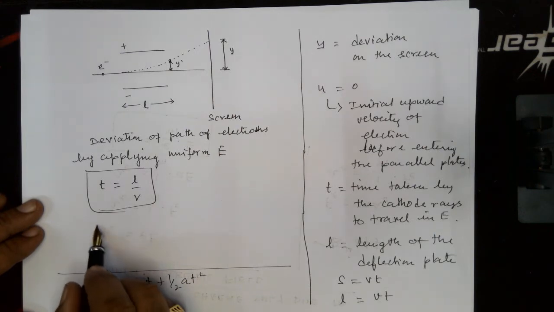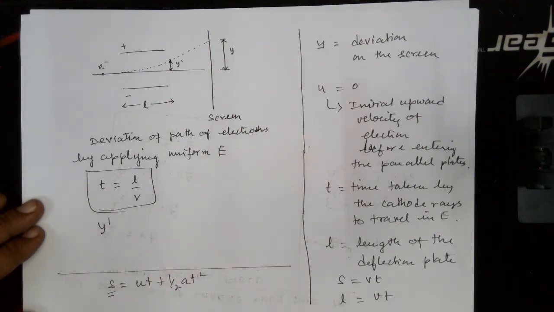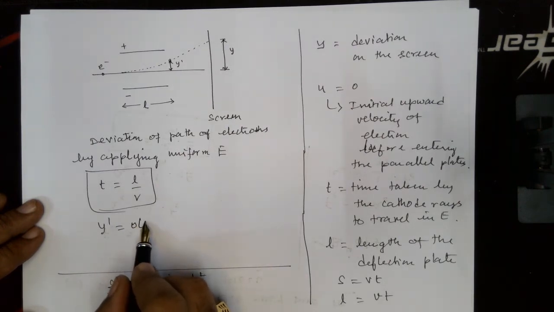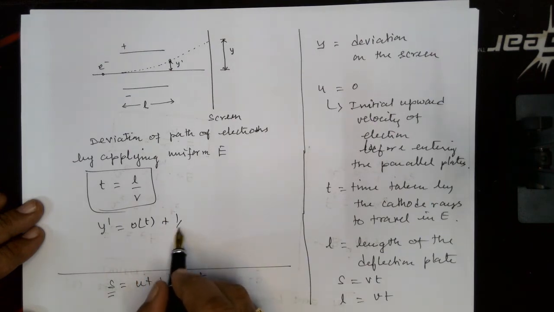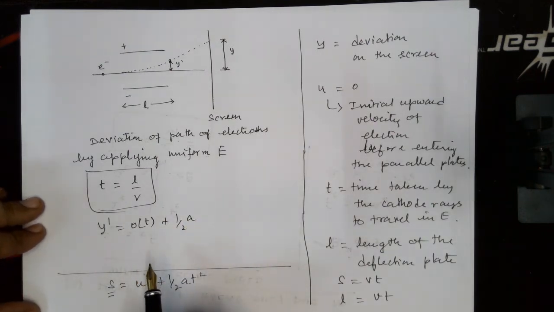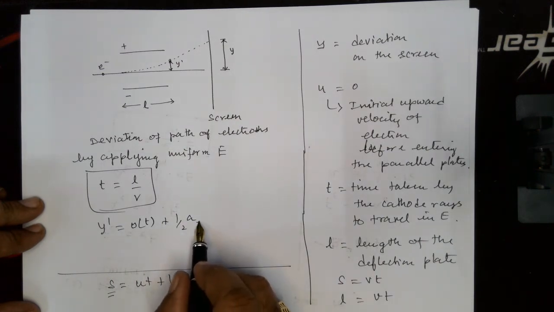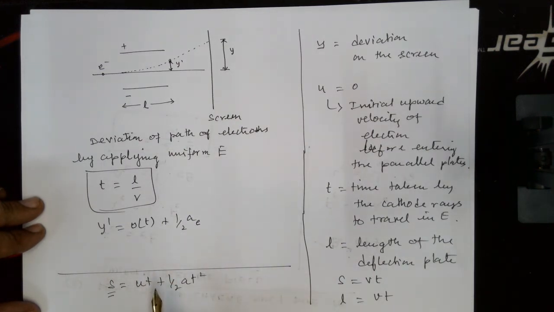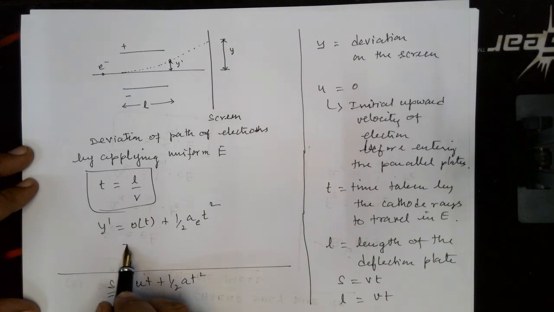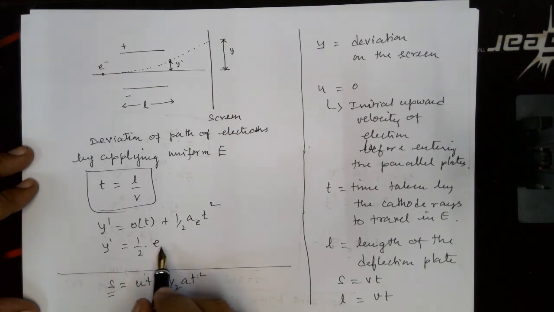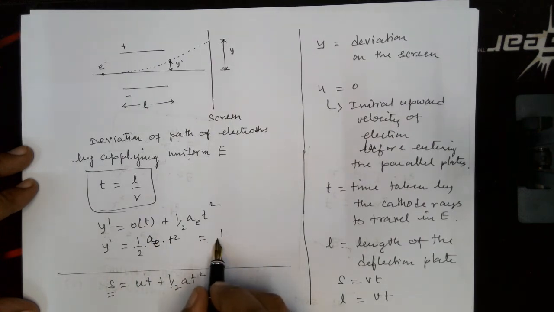So y dash instead of s, and u is already 0 into t plus half a t square. So a is here electron acceleration and t square. Therefore y dash is equal to 1 by 2 into a, acceleration of electron, into t square.